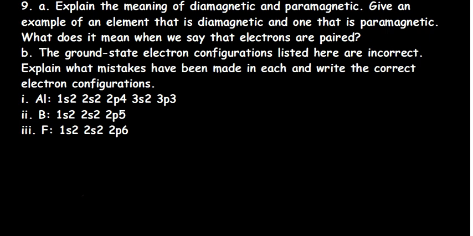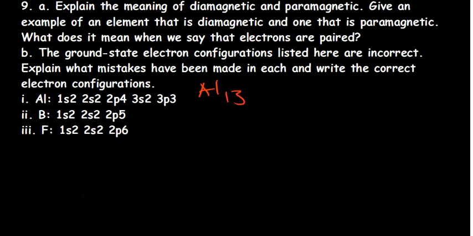It will show. Okay. So the ground state electron configurations listed here are incorrect. We need to explain what mistakes were made here. So I would advise you to get your periodic table and get the atomic numbers of these atoms and then try to write our own so that we can easily identify the mistakes. Starting with aluminium, the atomic number of aluminium is 13.